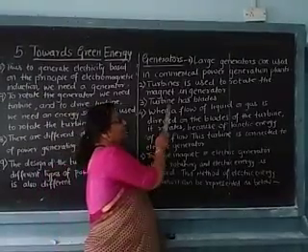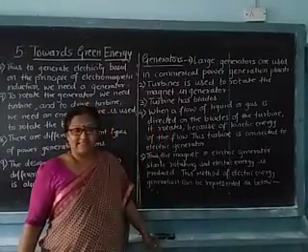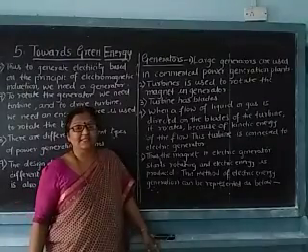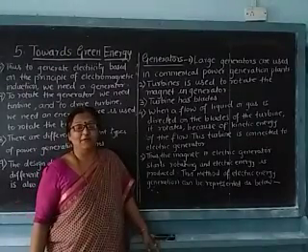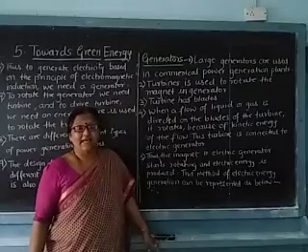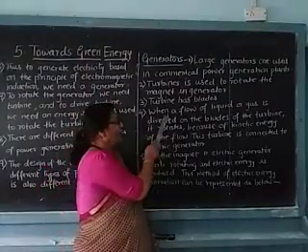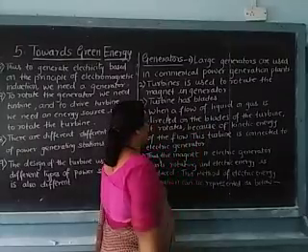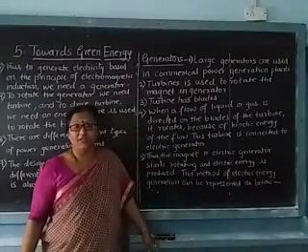Now this turbine has the blades. A turbine is made up of blades, or you can say blades are situated at a particular distance in a turbine. Whenever there is a flow of liquid or gas, it is directed on the blades.